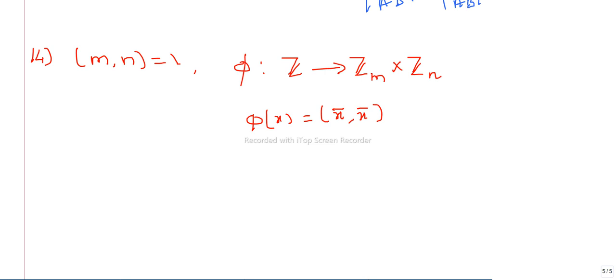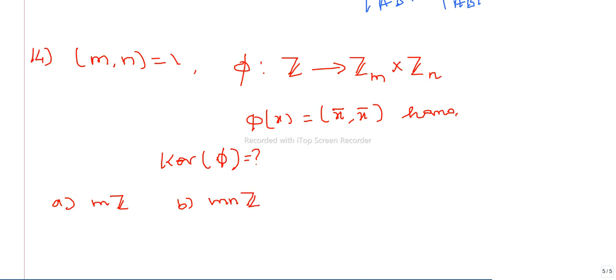In this case, this is a homomorphism. This is a group homomorphism. So what is the kernel? Every homomorphism has a kernel. So what is the kernel of this one? The first option is mZ, and then there should be mnZ, that is multiples of mn, or nZ, or Z. That is the definition of kernel.